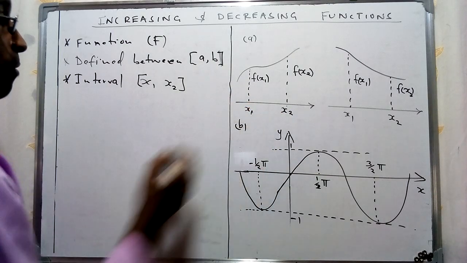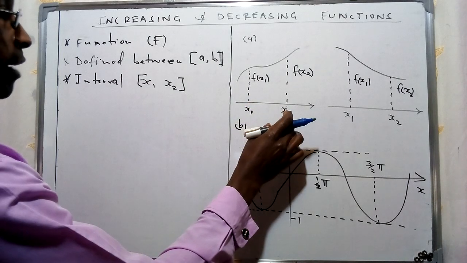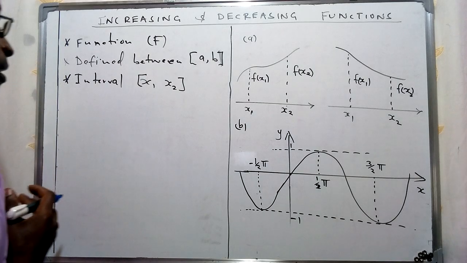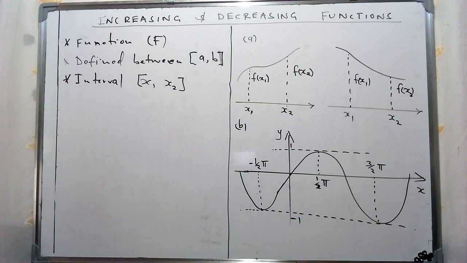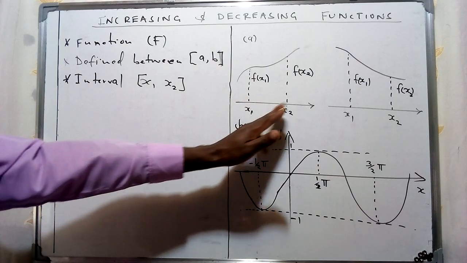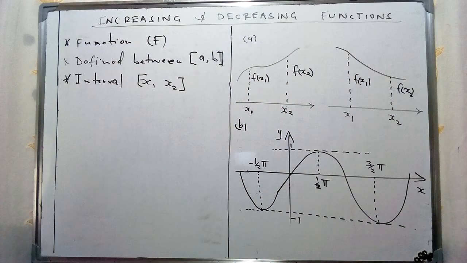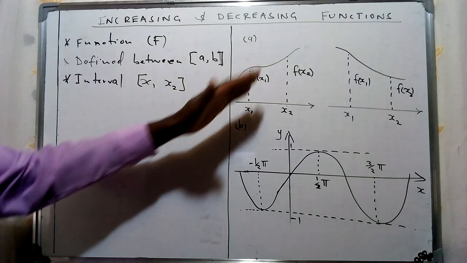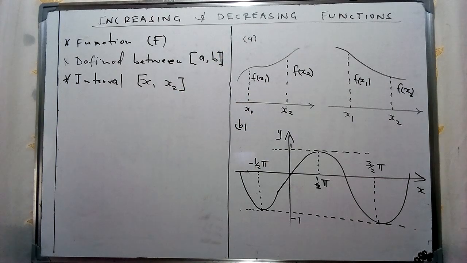In my case, I've given them as x1 and x2 for the two graphs respectively. So we're going to consider the function for a1 and a2, and try to see what the difference between the two is and what kind of wording we can use to differentiate the two.